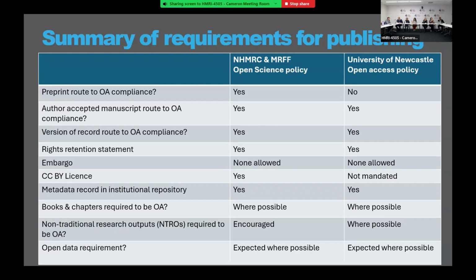When you publish, the journal will usually give you a choice of two or three, and I usually go with the middle one. NHMRC is saying they prefer the CC BY license now, but the university doesn't specify which one. So technically, to comply with the NHMRC, they want you to select that CC BY license.